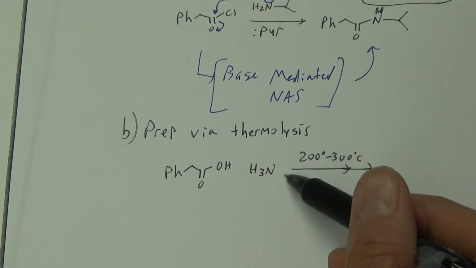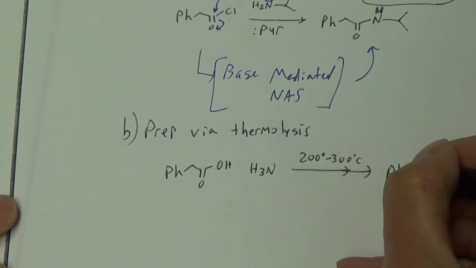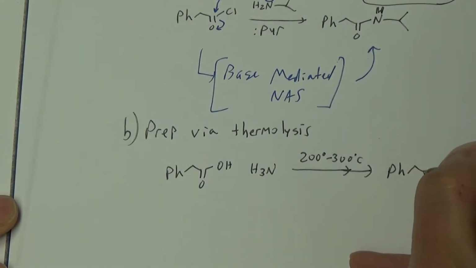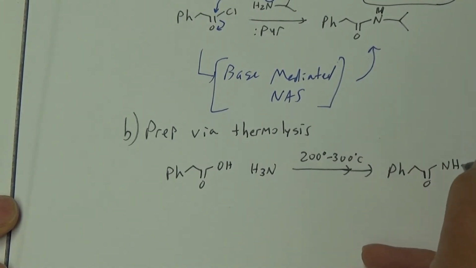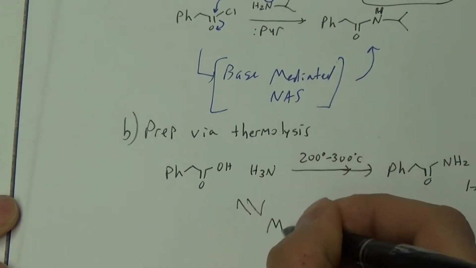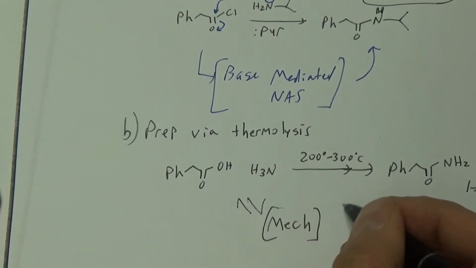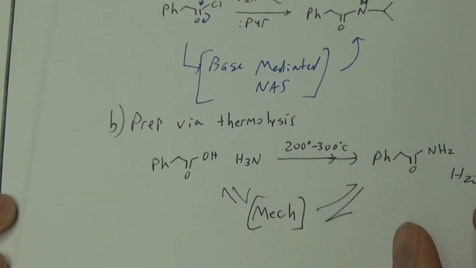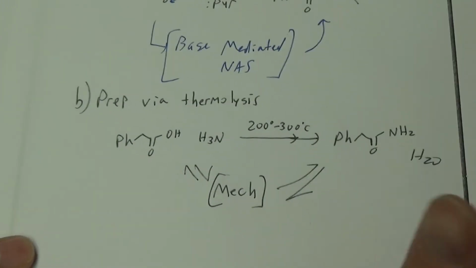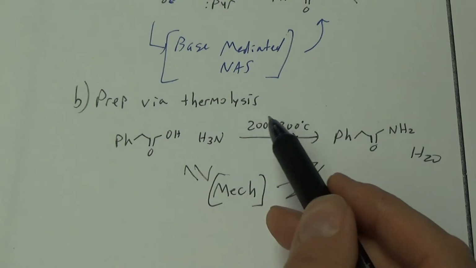It shows how non-general this is. But it will make an amide at super high temperatures, and it makes water as a byproduct. So there is a mechanism. I'm going to skip it to save time. But yes, it is possible to create amides through thermolysis.